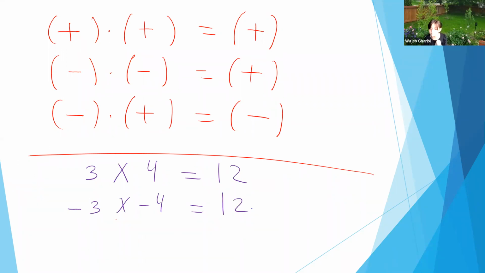If we have -3 multiplied by +4, it will be -12. So positive times positive is positive, negative with negative is positive. When we have different signs, positive multiplied by negative is negative as well.